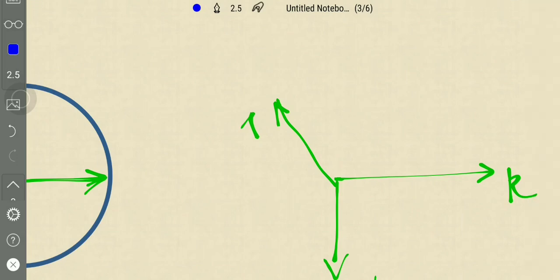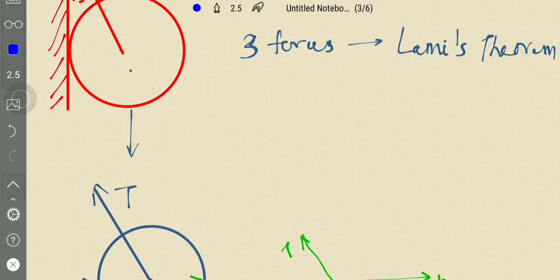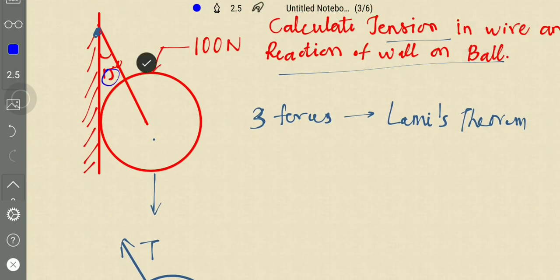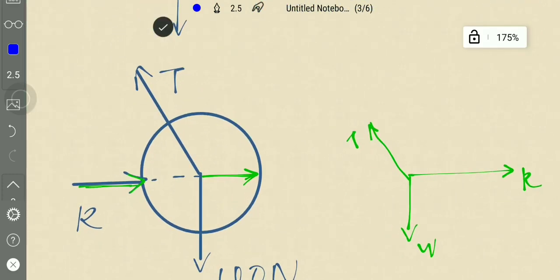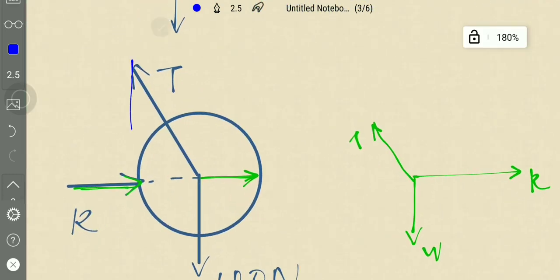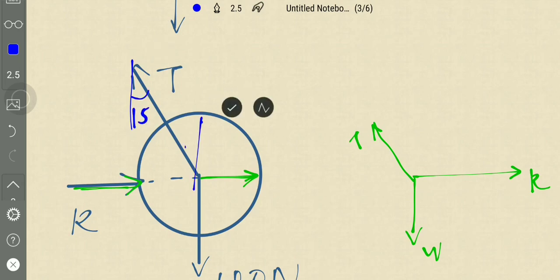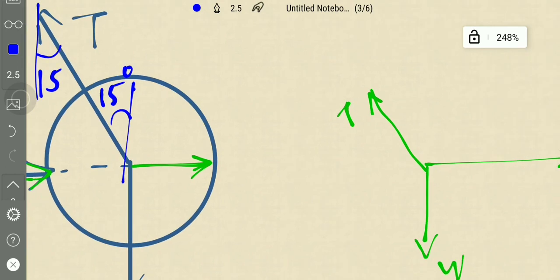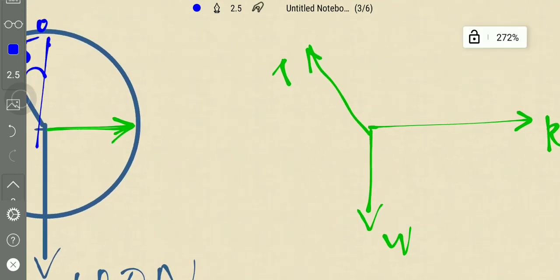Let us say this angle here is given as 15 degrees, which means this is 15, and this also becomes 15 degrees because alternate angles are equal between parallel lines when there is a transversal. So this angle is 15 degrees.